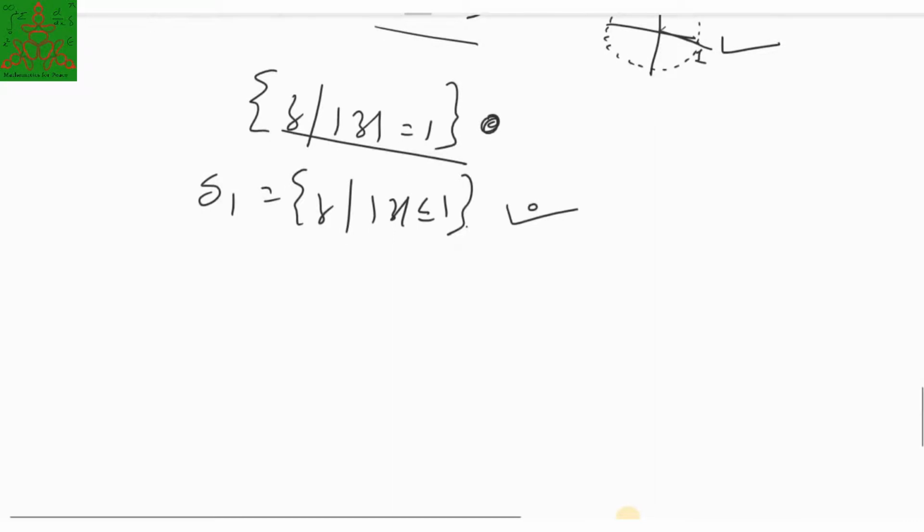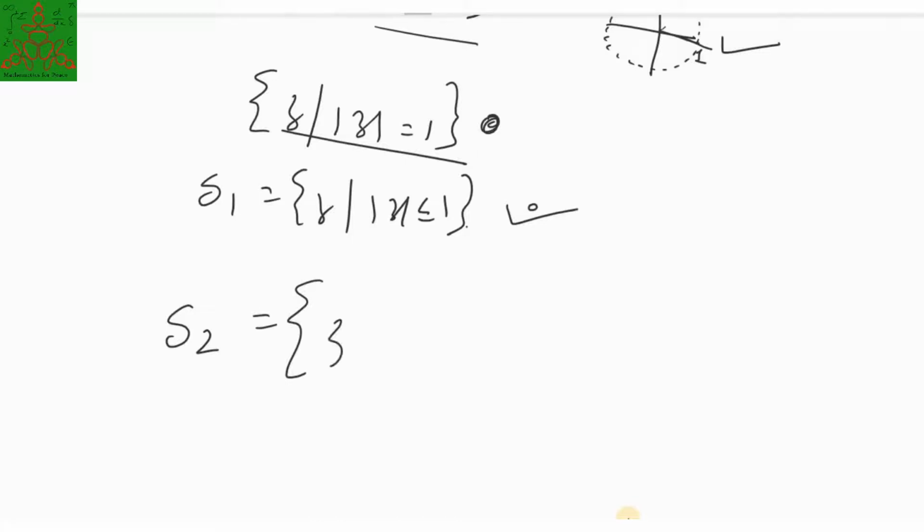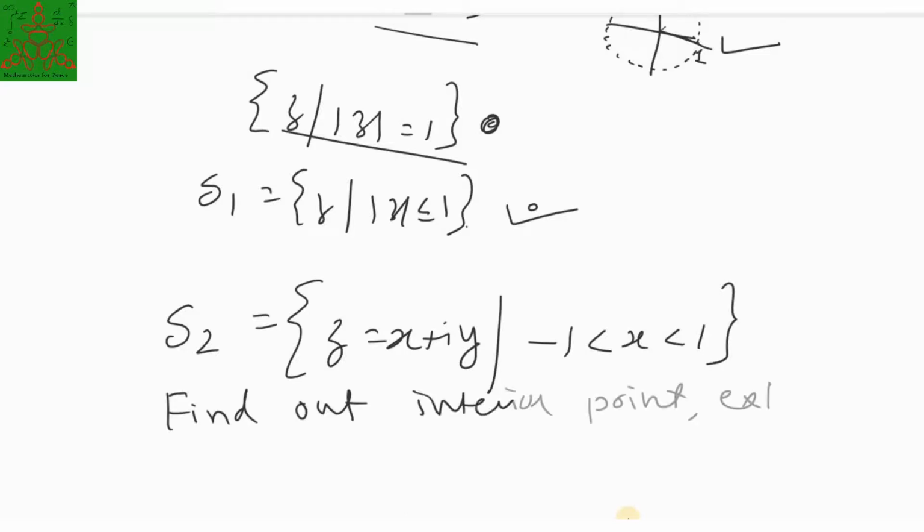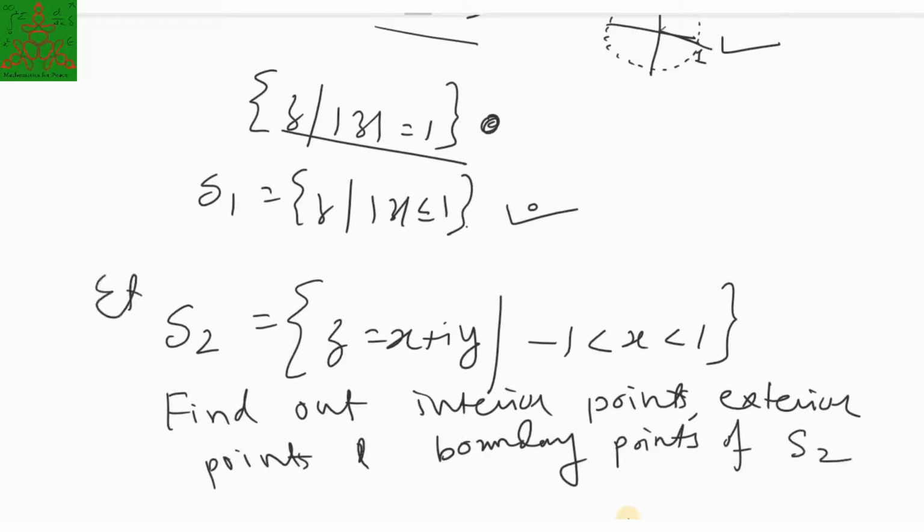For example, as an exercise, for S2, find the boundary points, exterior points and interior points of the set Z equals X plus iY such that minus 1 is less than X less than 1. Find the interior, exterior and boundary points of S2. This is the exercise I am giving you. You can try this.